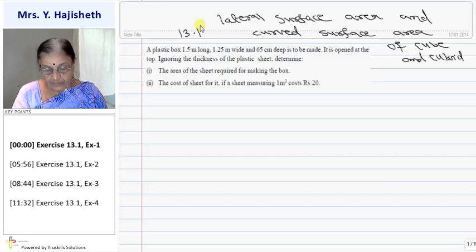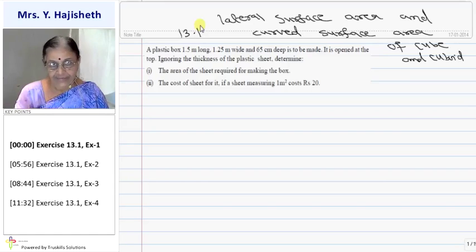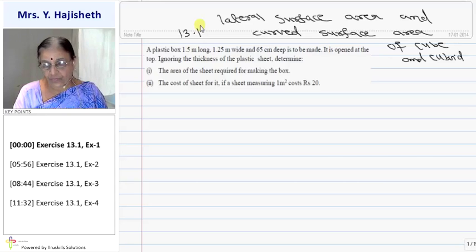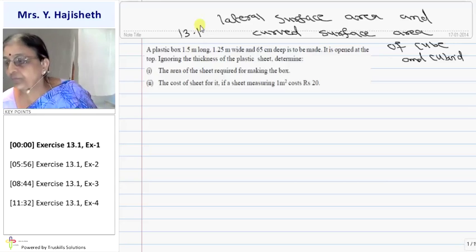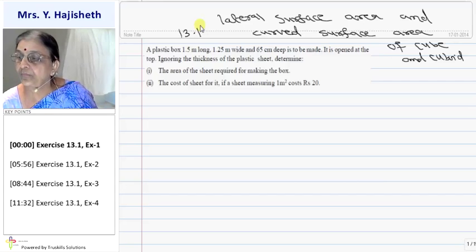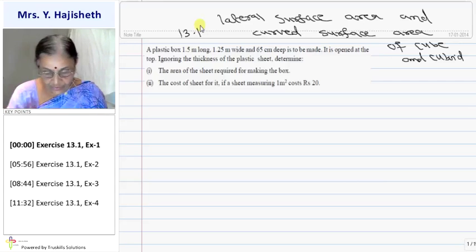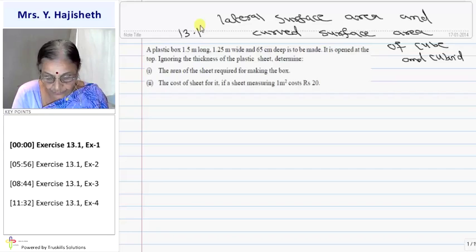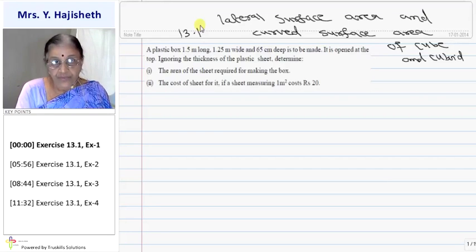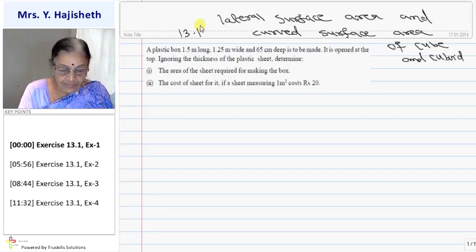It is a bottom plus 2 sides, and those 2 sides are 2 pairs of opposite surfaces. Okay. So the area of the sheet required for making the box.